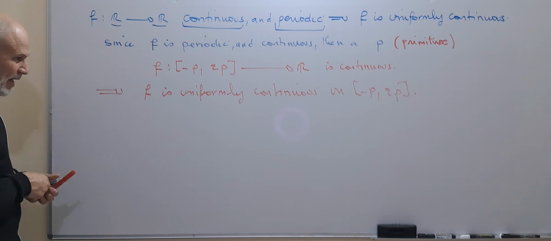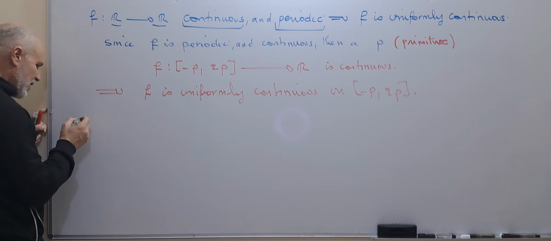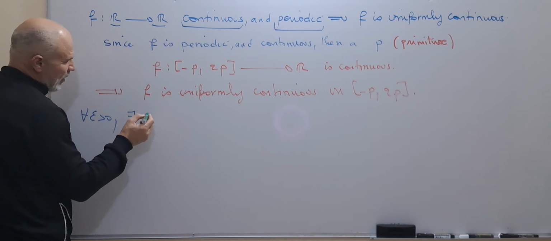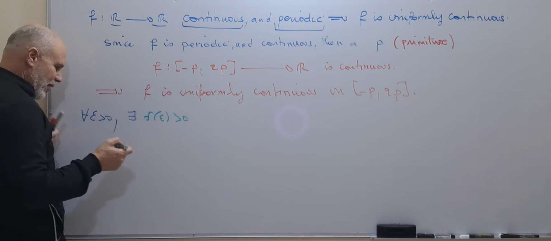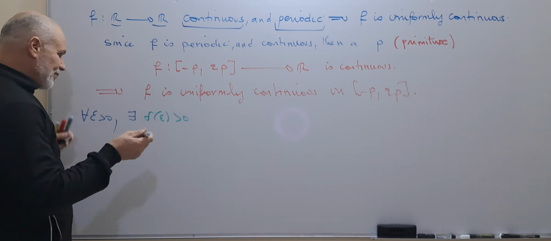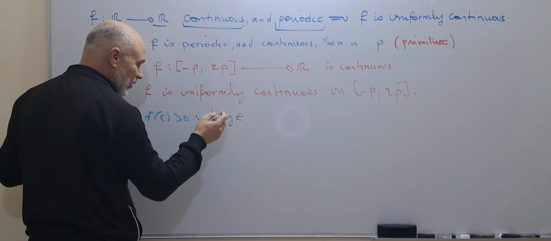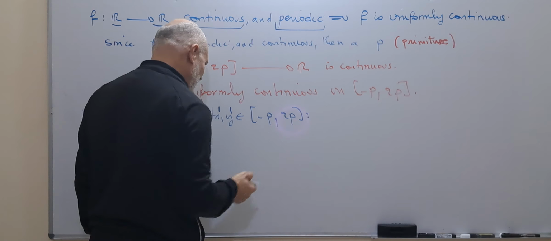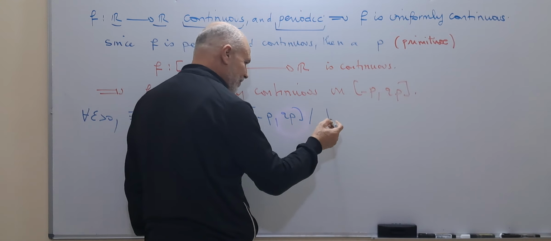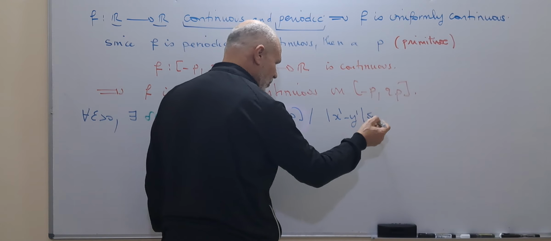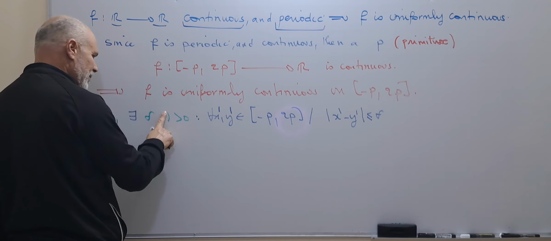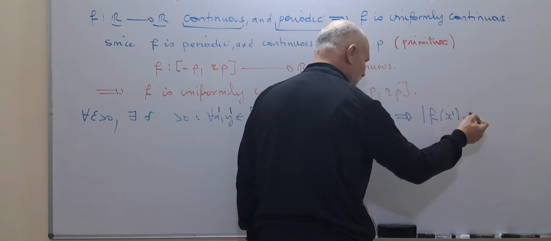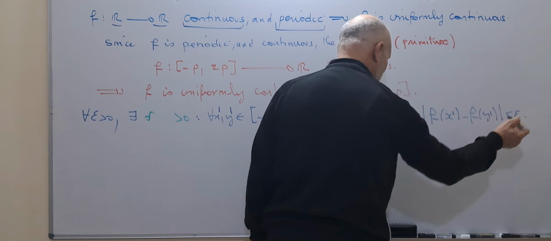If it is uniformly continuous on minus p to p, this is equivalent to saying that for all epsilon greater than 0, there exists delta, which depends on epsilon, greater than 0, such that for all x prime and y prime from the closed interval minus p to p that satisfy |x prime minus y prime| less than or equal to delta, this implies that |f of x prime minus f of y prime| is less than or equal to epsilon.